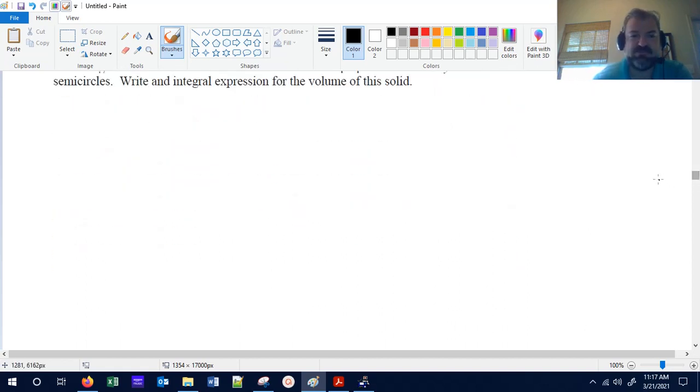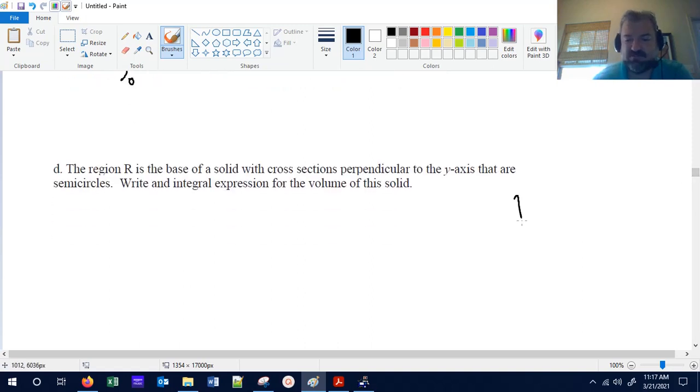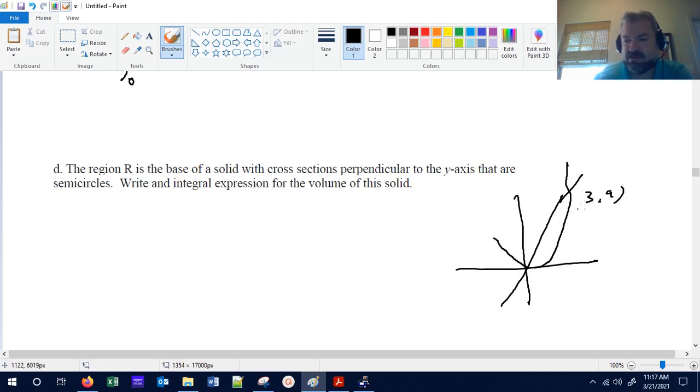All right, on the next one, though, this time they are perpendicular to the y-axis and they're semicircles. So let me redraw the shape here. And this was 3 comma 9, and this was 0 comma 0. So I need to solve, again, y equals x squared becomes the square root of y equals x.